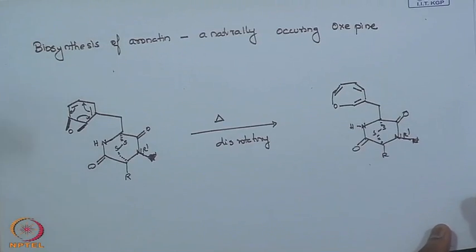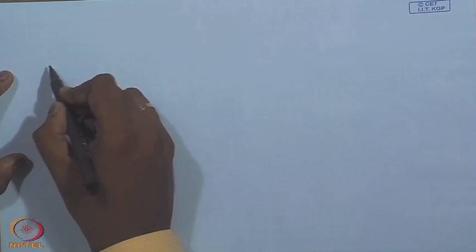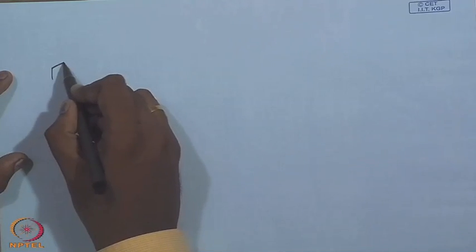Like that, in natural product synthesis you can see it uses a lot of pericyclic reactions: electrocyclic ring opening, electrocyclic ring closure, then sigmatropic shift, and you get nice natural products. Let's see another nice synthesis of natural products.